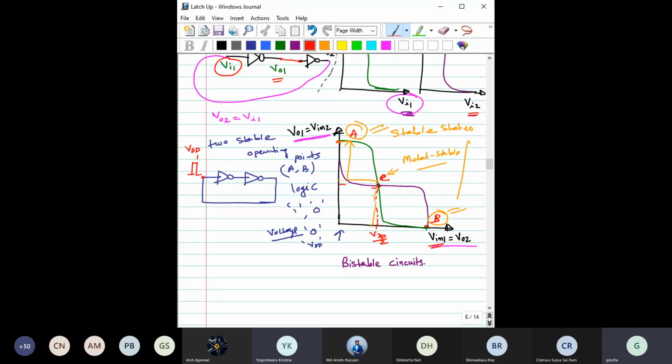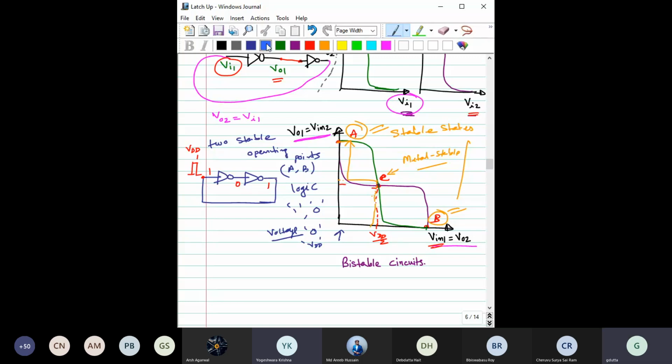Say I have given a triggering pulse with a certain time duration, and the amplitude of the pulse is VDD. So basically I have given 1 here. That will force the output to be equal to 0. If this is 0, that will force the next output to be equal to 1. If this is 1, then this is in feedback with 1.